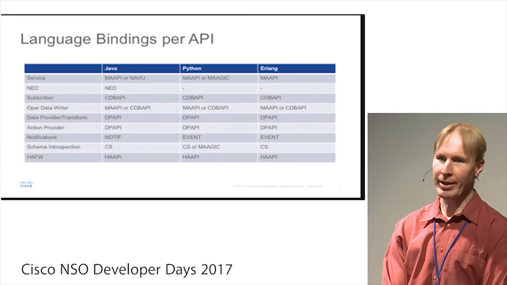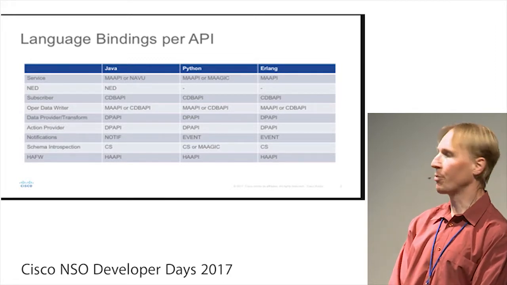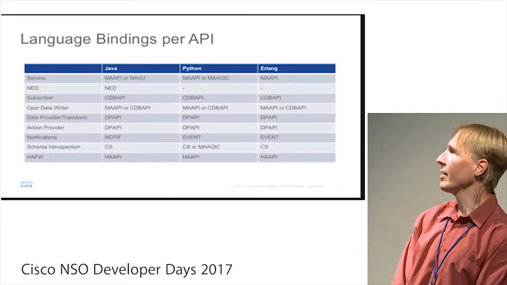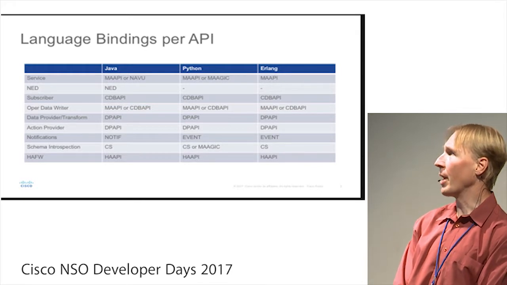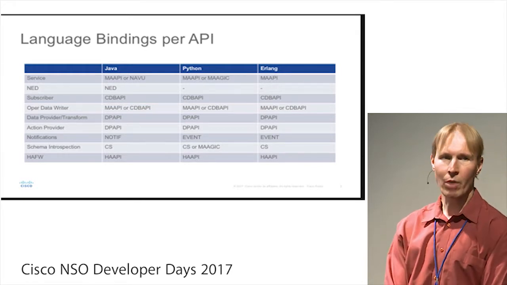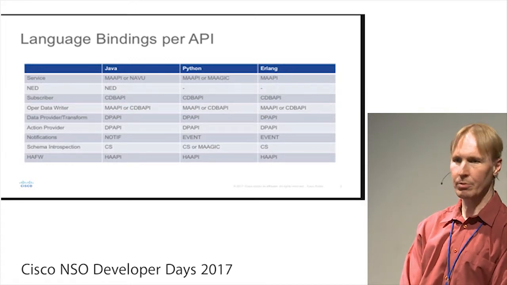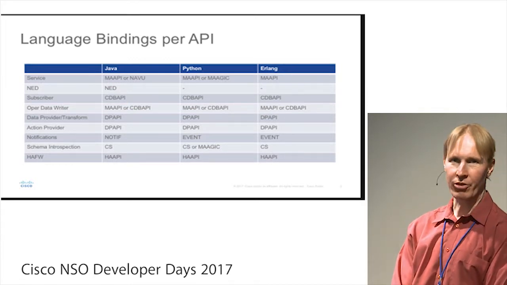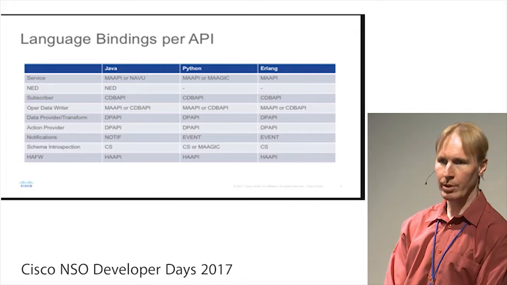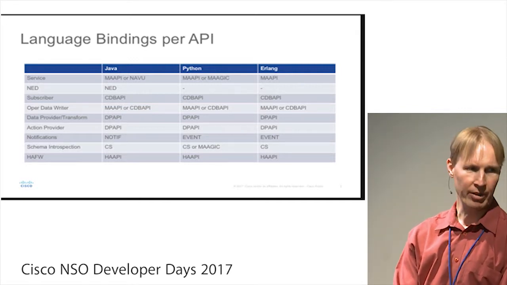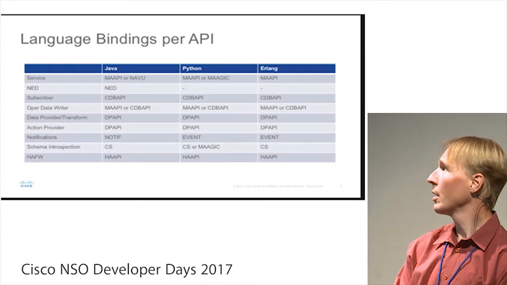If you're not terribly familiar with NSO, much of this may not make much sense to you. But if you look at the service APIs, in Java, you have a choice. You can either use the raw MAAPI, which is the low-level APIs, or you can use a nice little abstraction layer on top of that, which is called Navu. So that's your choice. When you're making services, you will have to pick one or the other.